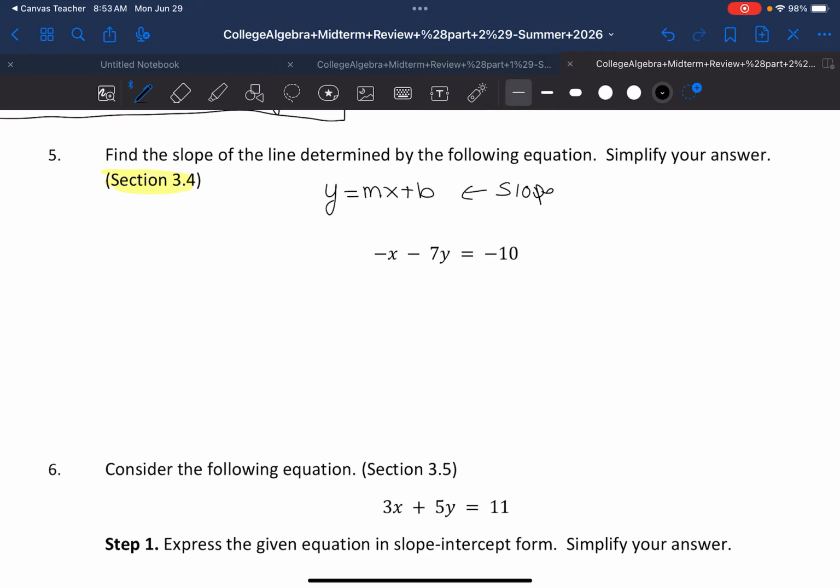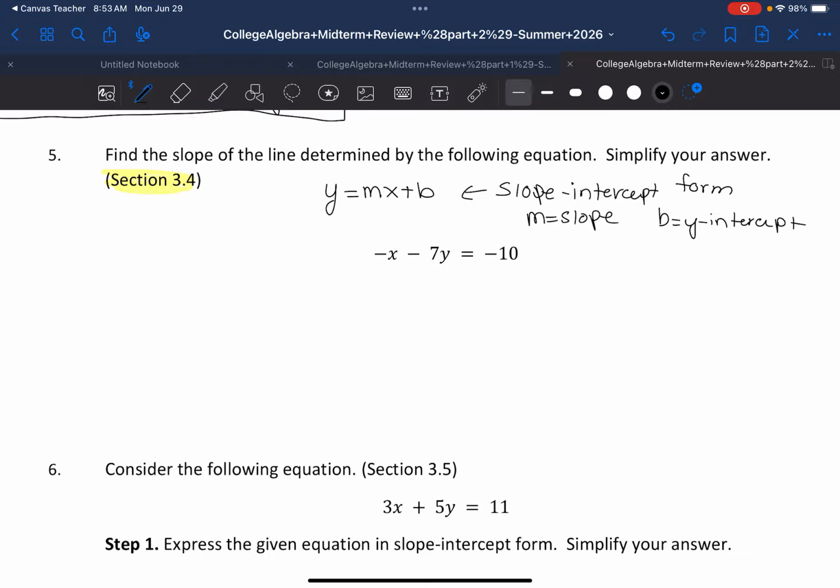This is called slope-intercept form, where m is the slope of the line, which is how much it rises and over how much it runs. It goes up and down over left and right. And b is the y-intercept, where it crosses the y-axis.